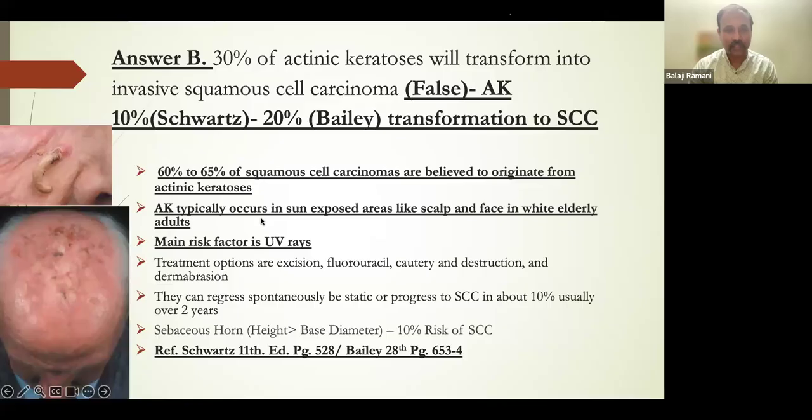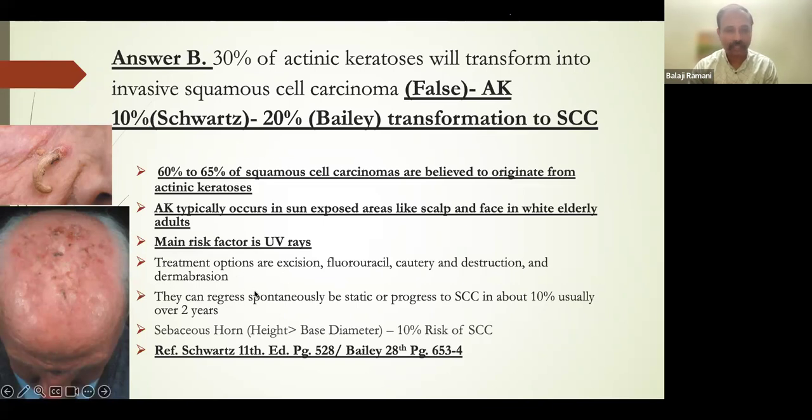The main risk factor is the exposure to UV rays, which, as we already discussed, will destroy, not the Malpighian layer, sorry, the fourth layer, where it will destroy your Langerhans cells, and that will lead on to reduced immunity and reduced antigen presentation, leading on to development of cutaneous squamous cell carcinoma.